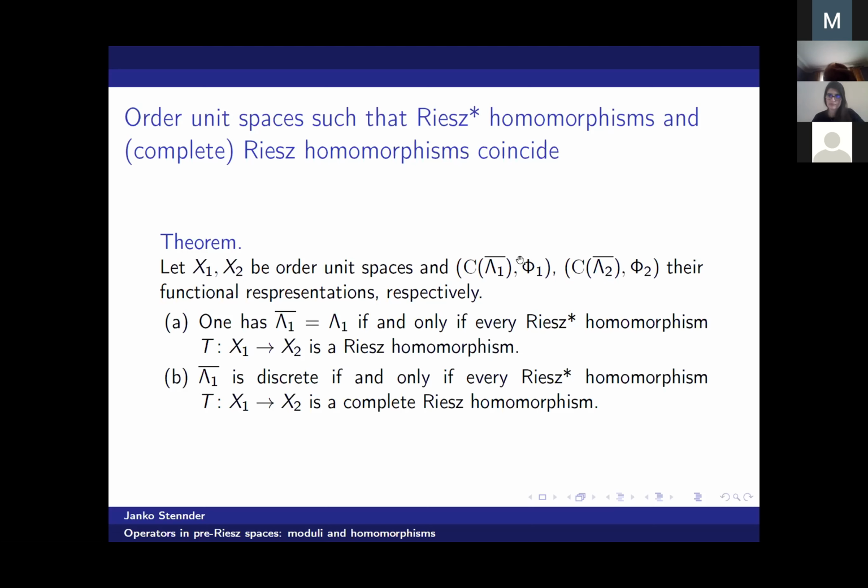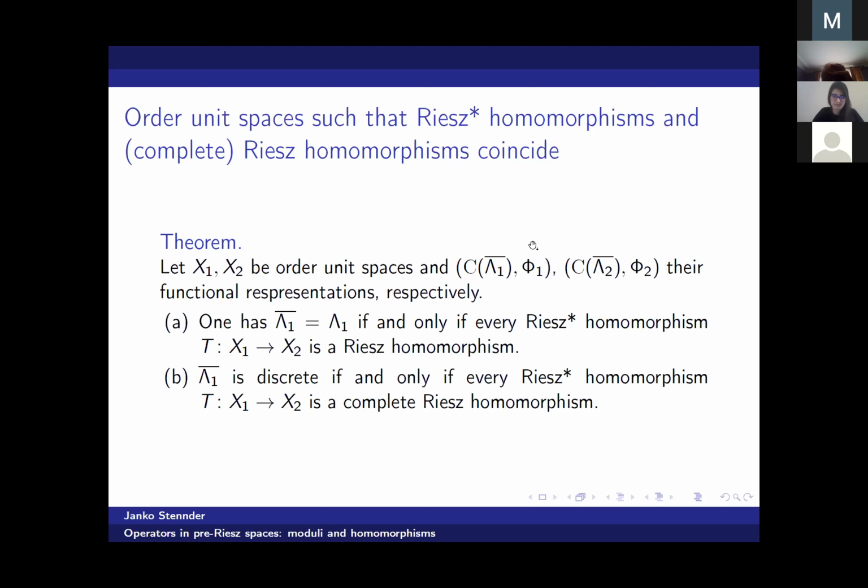I would say it comes down to the techniques we're using in order unit spaces. The technique is always using the functional representation, so considering the space as an ordered dense subspace of continuous functions, and then using point evaluations to get results from the functional case and back as well.